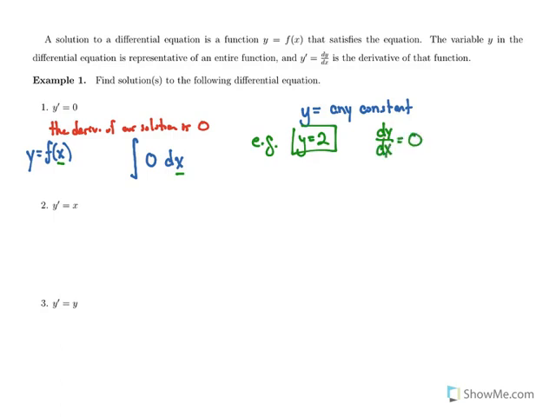It satisfies that equation. So what we're going to say, and we'll introduce this on the next page as well, is that this is a particular solution. That's one solution that works. In general, we are going to be looking for the general solution, and that is y is equal to any constant. We'll call any constant c in that case. This is what we call the general solution.